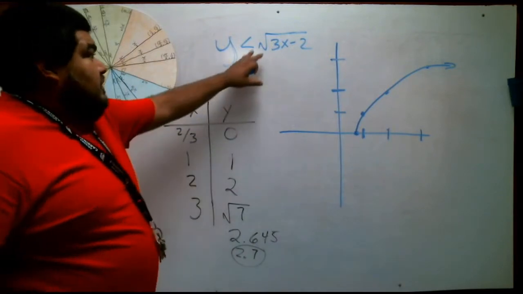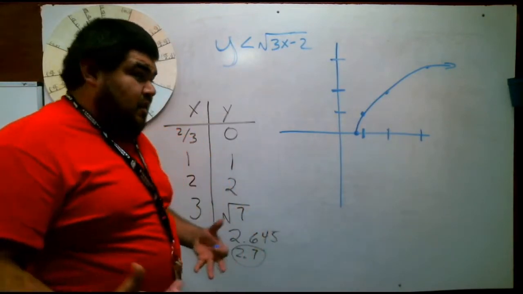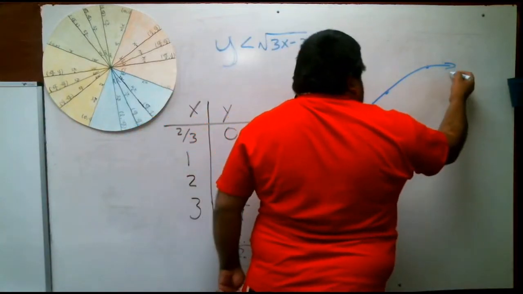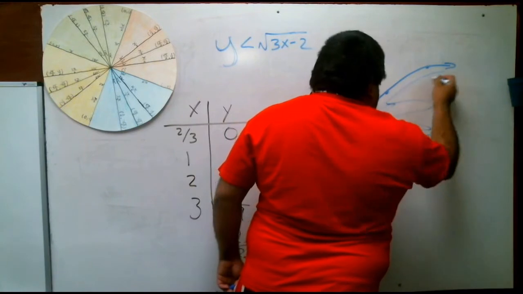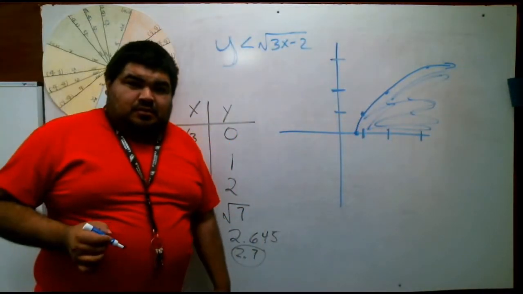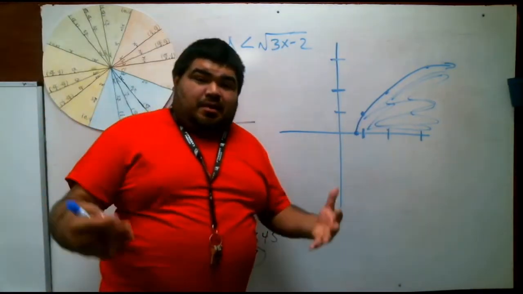The only difference is when you're dealing with an inequality, you usually shade. Okay? So since y is less than, we will shade everything below our graph. If it was greater than, we will shade above our graph.